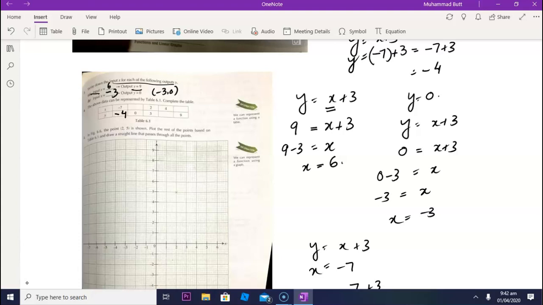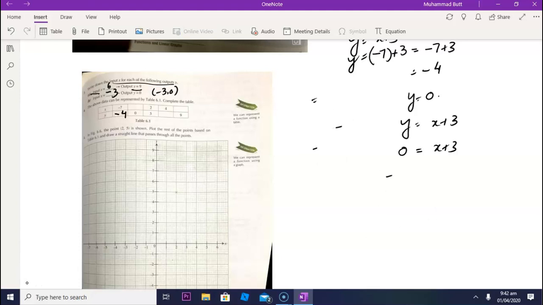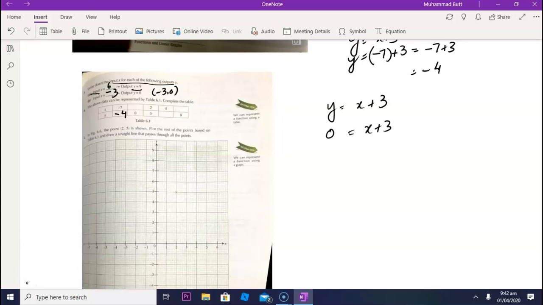Again, the value of y is given to you, and you have to find the value of x. In this part, the value of y is given to you and you can do reverse calculation. y is x plus 3, y is 0. When y is 0, what is the value of x?